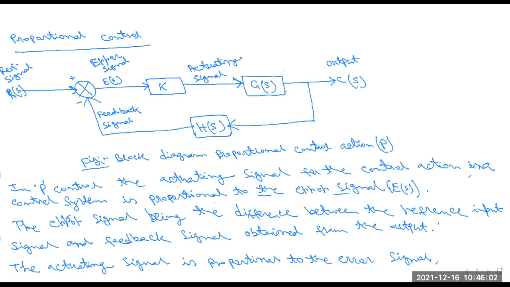And this error signal is the difference between the reference input signal and the feedback signal, which is connected across the output of the system. Also the actuating signal is proportional to the error signal. So this system is called the proportional control system or proportional control action.